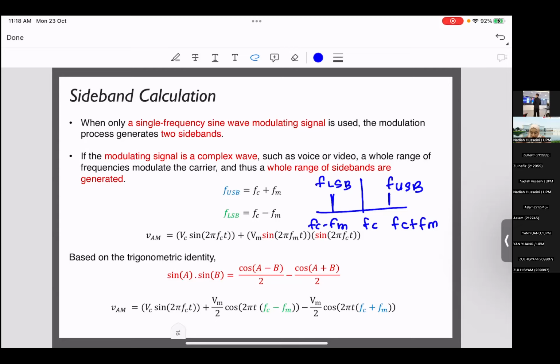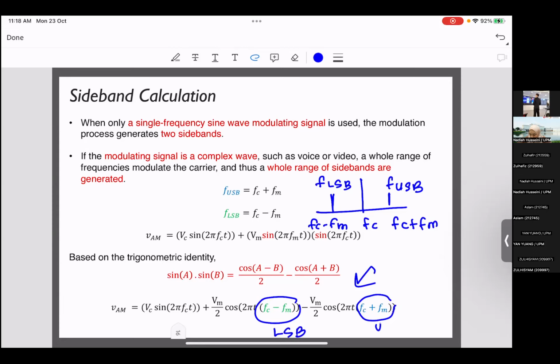And then based on the trigonometric identity, we talked about this as well. When we substitute this identity into our VAM equation, we will see that the expansion gives us the exact part where our sideband forms. Our sideband is fc minus fm over here. This is the lower sideband.